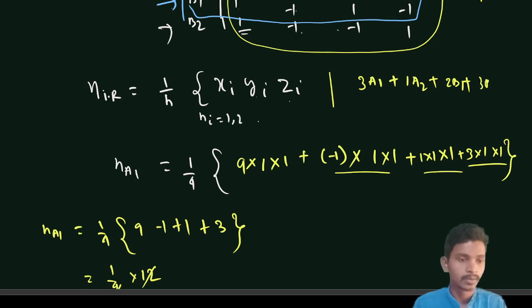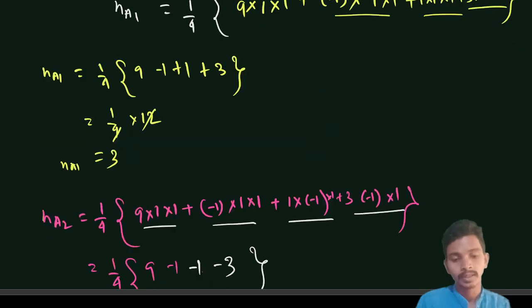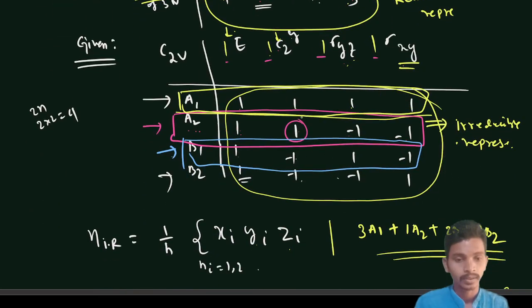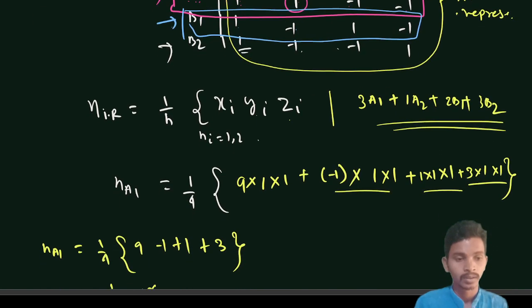Is it correct or not? How will you check? If not correct, then there is a problem in the calculations. How will you check the value you get? So how will you know whether it is correct or not?